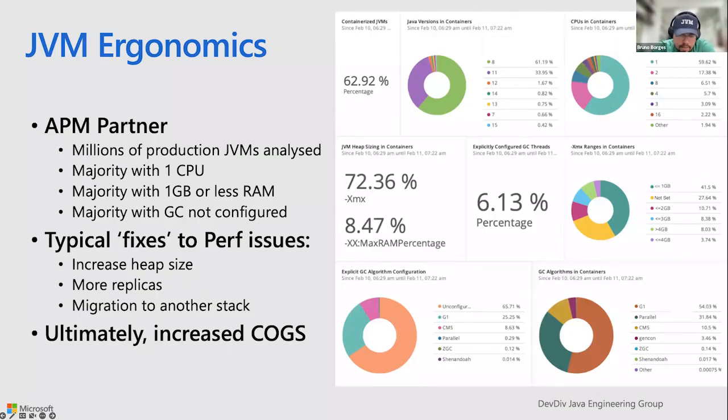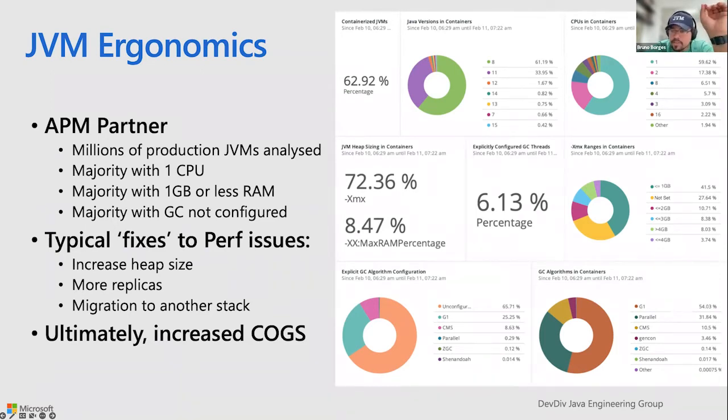We then asked a partner, an APM vendor, who monitors millions of JVMs in production, and we asked them, hey, can you share some data so that we can better understand the deployments of Java inside containers? And they gave us this nice dashboard that shows almost 63% of all the JVMs they monitor, millions of JVMs, are inside containers.